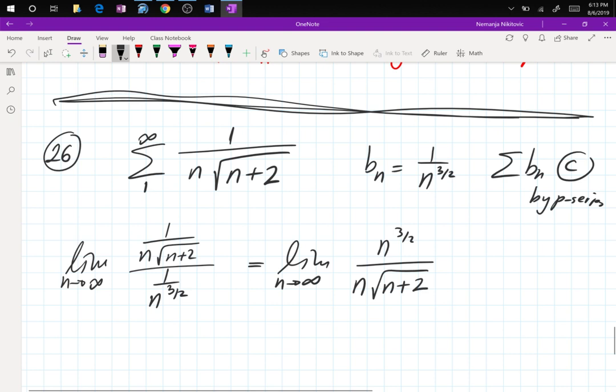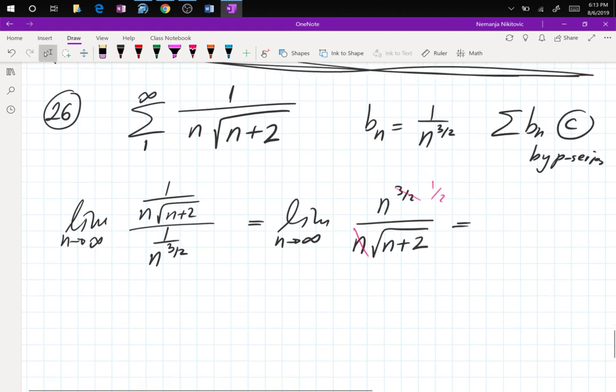So now these will cancel, and 1/2 would stay. And what you would get is the limit as n goes to infinity of square root of n divided by square root of n plus 2.